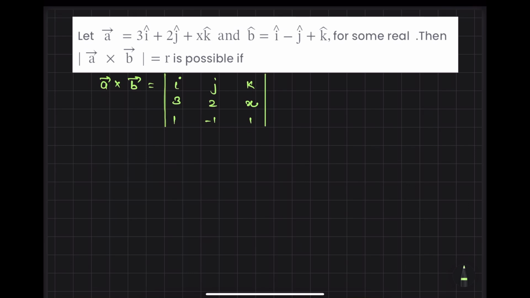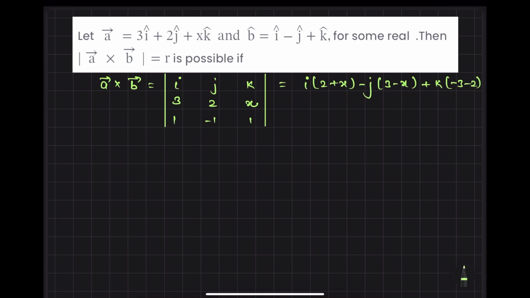Correct? Now let's expand this. The i component is 2 plus x, minus j component is 3 minus x, then the k component is -3 minus 2. Okay, so we got our things done.